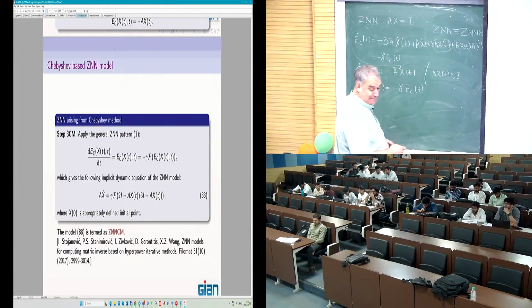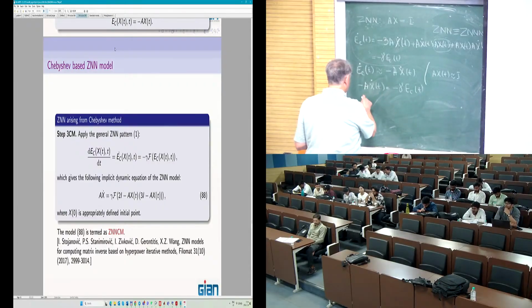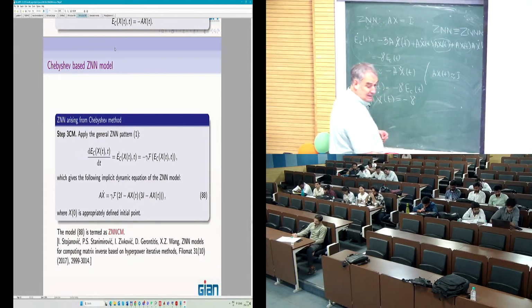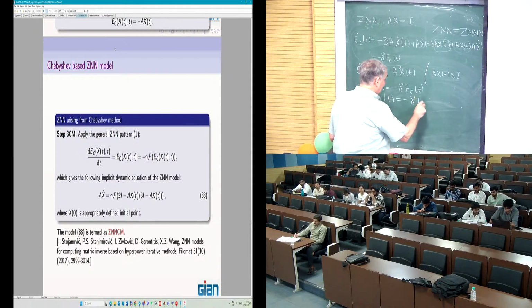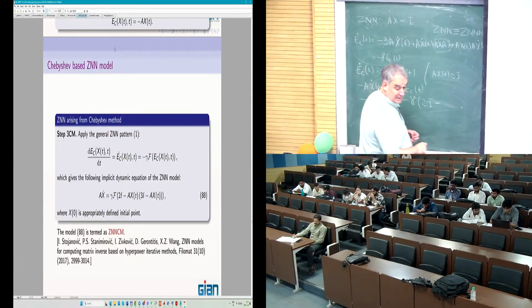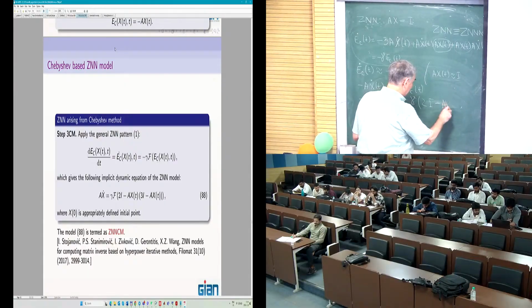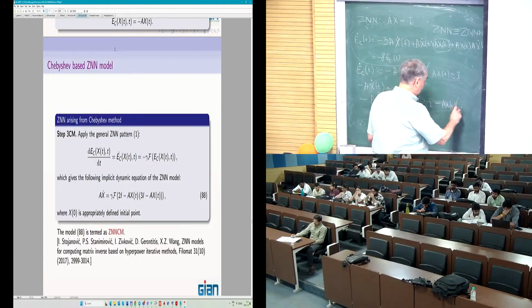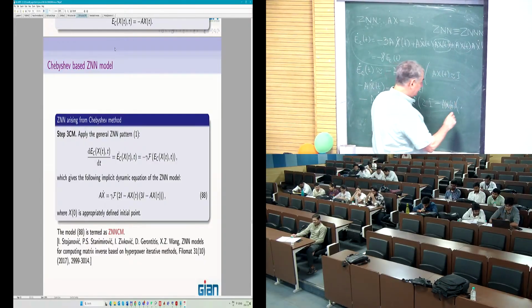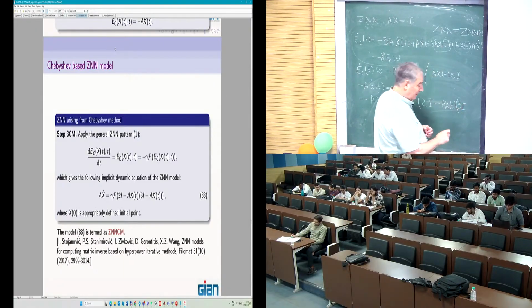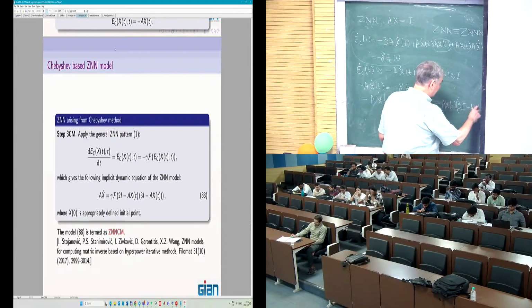Here is our model: minus A X dot of t equals minus gamma E_C, in expanded form 2 times the identity matrix minus A X of t, times 3 times the identity matrix minus A X of t.